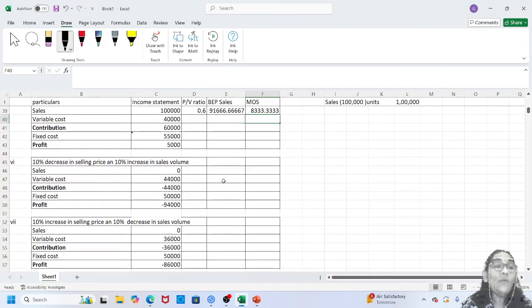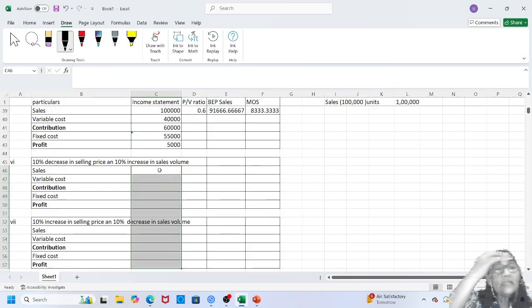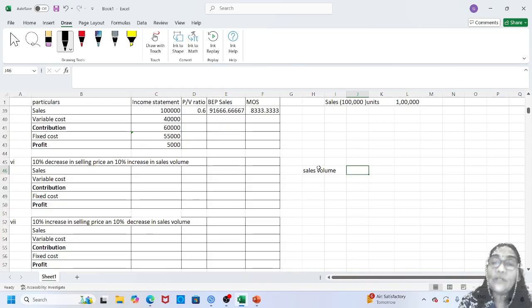Going ahead now, what have they said? 10% decrease in the selling price and 10% increase in the sales volume. Give me one sec, I'll just erase this. Now sales volume increase means you were currently selling 1 lakh units. So now you will sell 10% more, right?